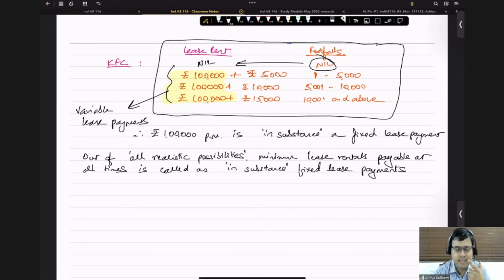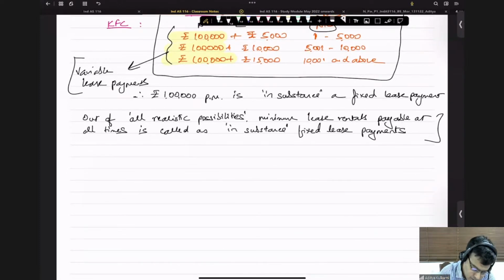Is it reflecting passage of time, or is it reflecting something other than passage of time? If it is reflecting other than passage of time, then it will not be a lease payment, it will be a general rental expenditure. If it is reflecting passage of time, it will be treated as part of the lease payments. Is it okay? So this is what you understand by in substance fixed lease payments.